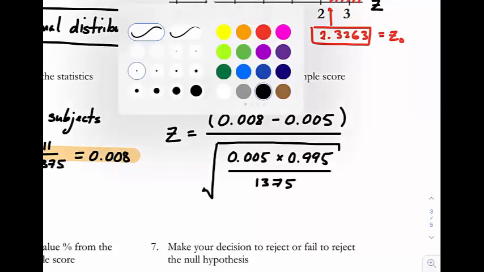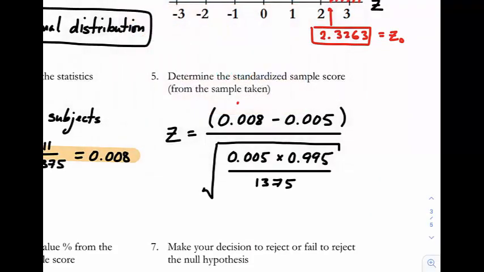So matching up all the components here, again to iterate all the different parts, we have p hat minus p2. Down there at the bottom is also p2 inside the square root along with its complement q2 divided by n.